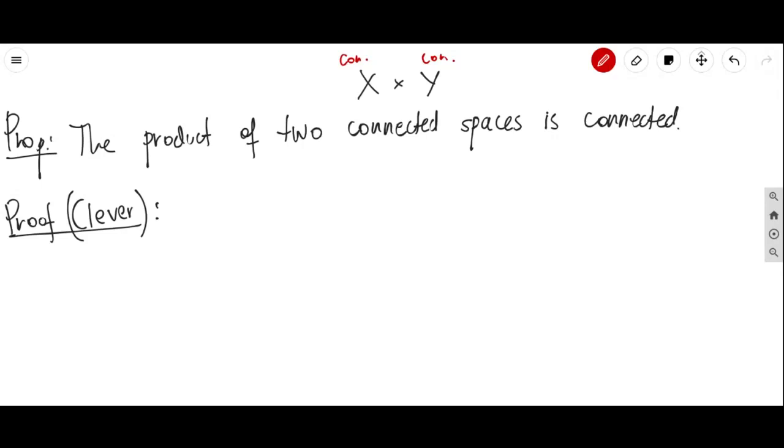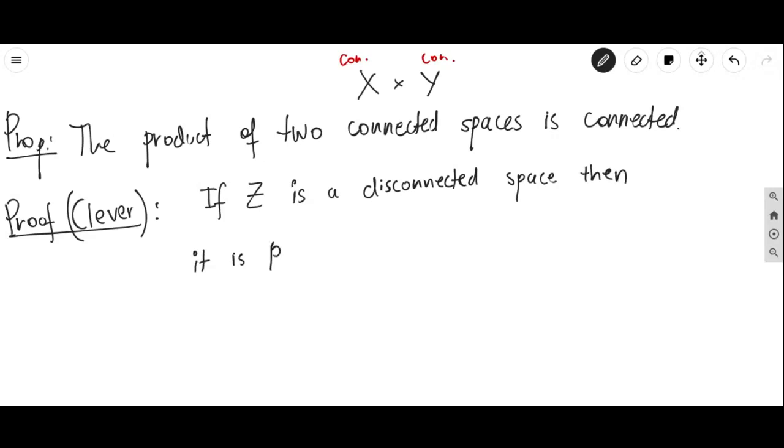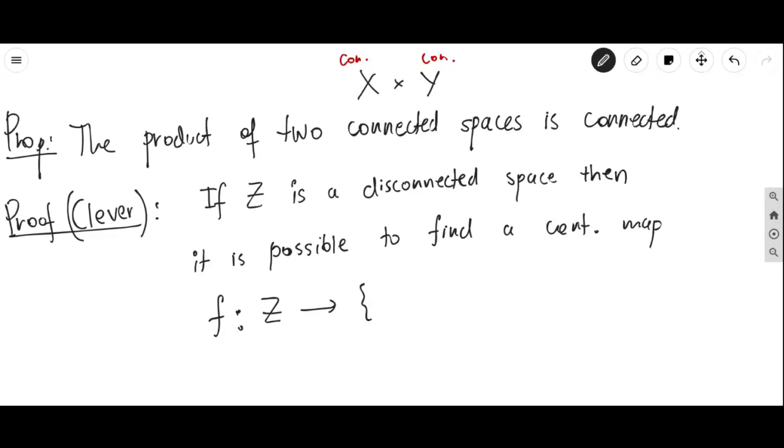But let's discuss this clever way. So this is the clever way. It's based on this idea that if Z, so let's call it Z, is a disconnected space, then it is possible to find a continuous map, let's call it F, from Z into the set {0, 1}.